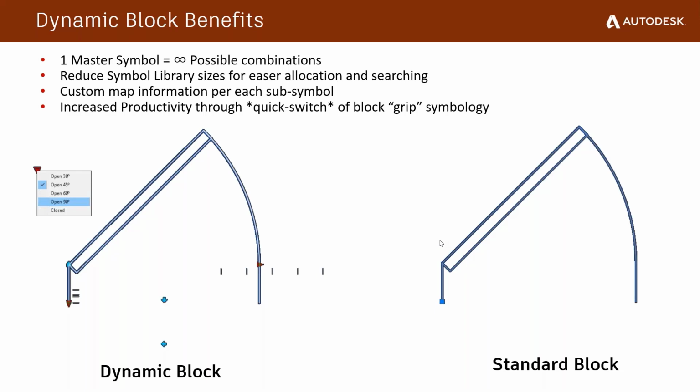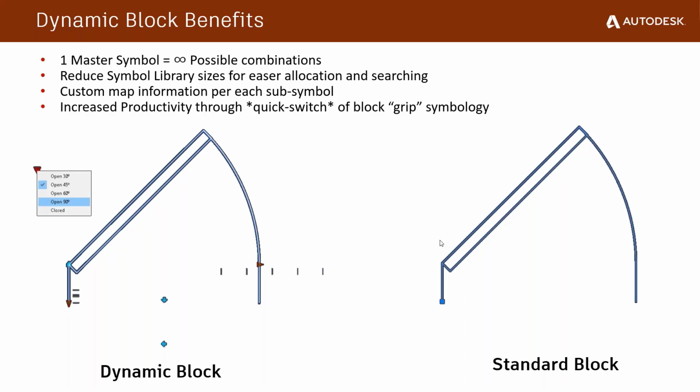A standard block is static. A dynamic block can have multiple behaviors for changing size, changing location, changing different dimensional parameters, patterns of objects, even lookups and visibility options. So the one master symbol gives you really infinite possible combinations.